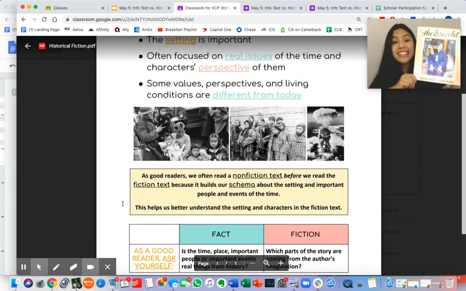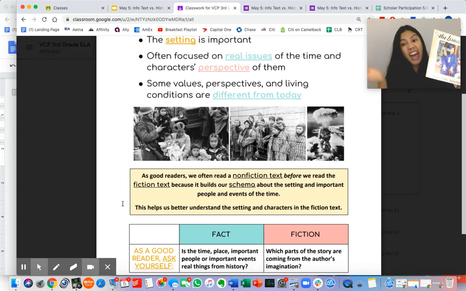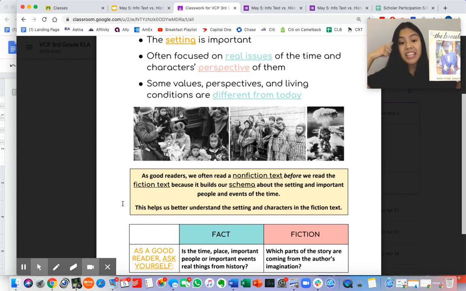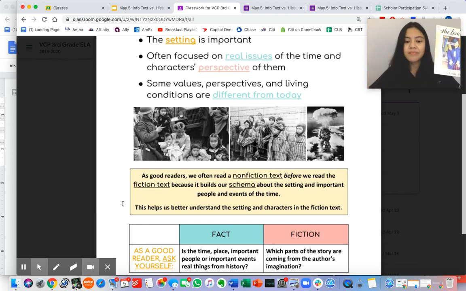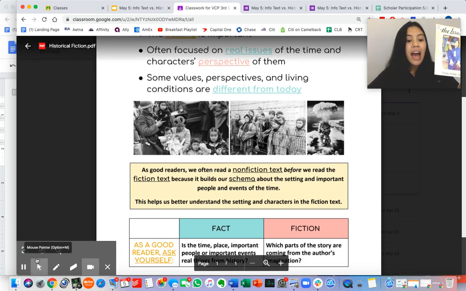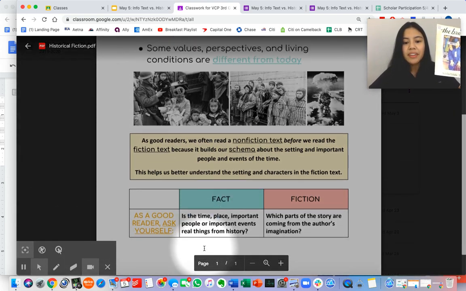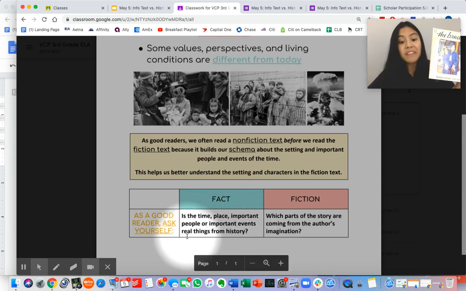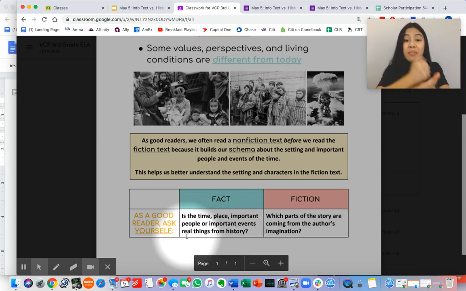As I'm reading today, there will be some facts mixed up with fiction. So as a good reader, I need to be asking myself, is this detail from the story fact or fiction? I need to ask myself, is the time, place, important people, or important events real things from history?